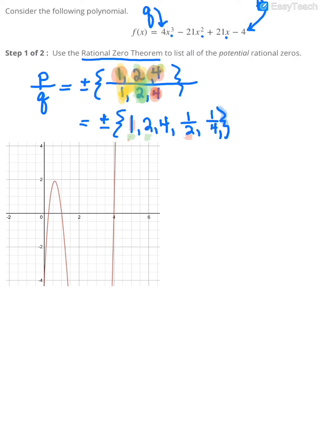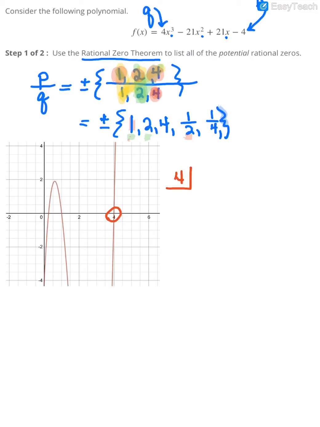But we will be able to see at least one that is exact. And so what I notice here is that there is a zero that's crossing at 4. So we're going to use that zero, since we know it exists, to set up our synthetic division so that we can find the other zeros of the polynomial.